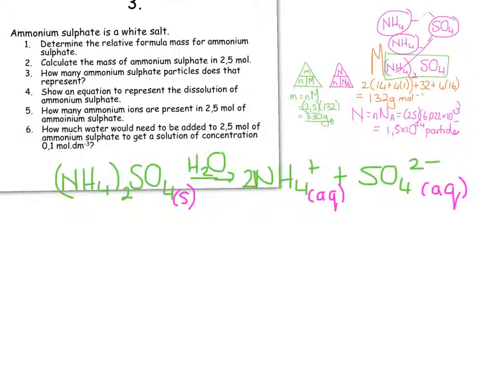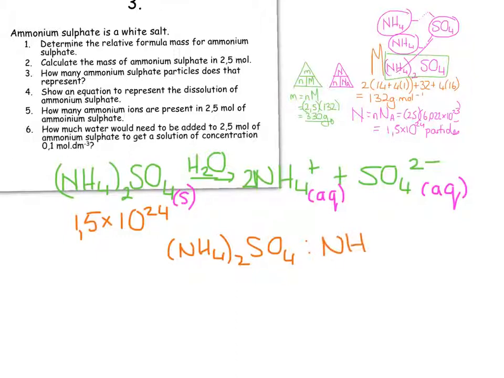How many ammonium ions are present in 2,5 moles of ammonium sulfate? Now we've already worked out that in 2,5 moles of ammonium sulfate, I've got 1,5 times 10 to the power of 24 particles. There is a relationship between ammonium sulfate, a ratio, and ammonium ion. I'm going to have a 1, there's an invisible 1 over there, to 2 ratio.